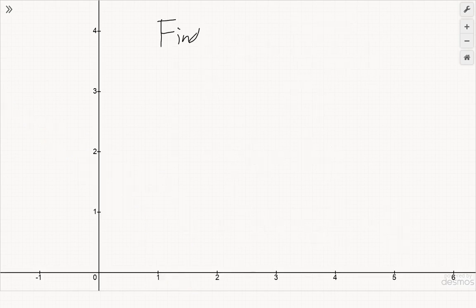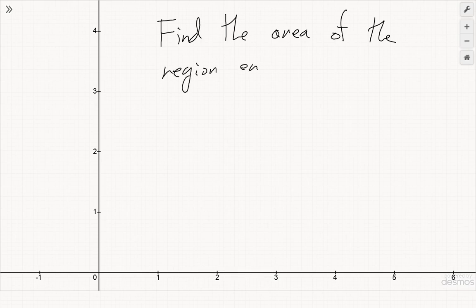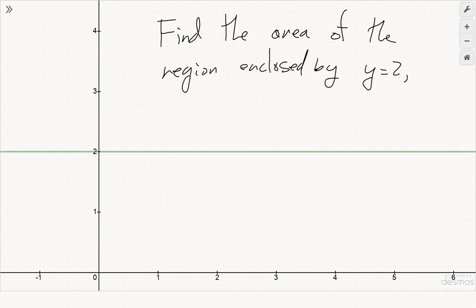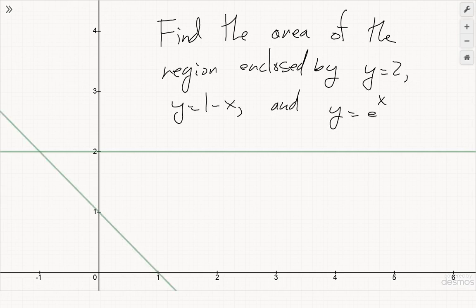Next, let's try finding the area of the region given by y equals 2, y equals 1 minus x, and y equals e to the x. So that's what this looks like.